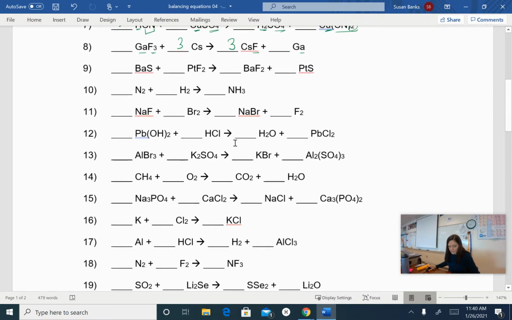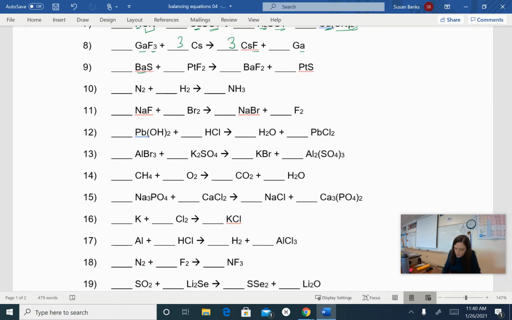And then let's look at number 9. 1 barium, 1 sulfur, 1 sulfur, 1 platinum, 2 fluorines, 2 fluorines. It's balanced just the way it is. Don't need to do anything.